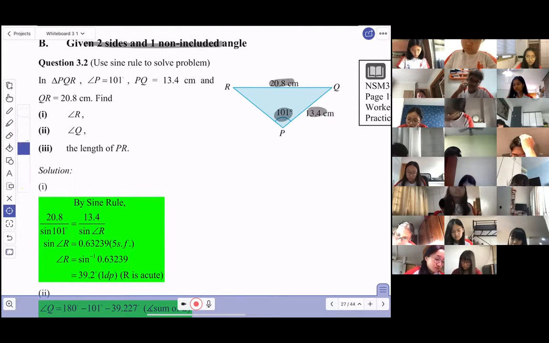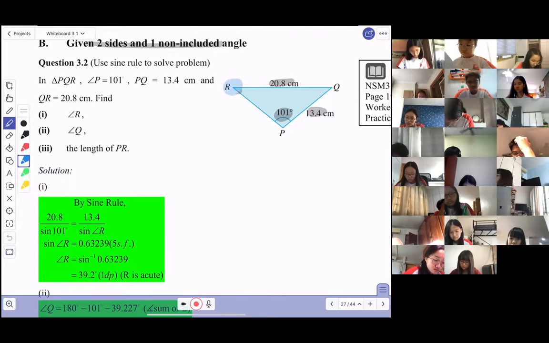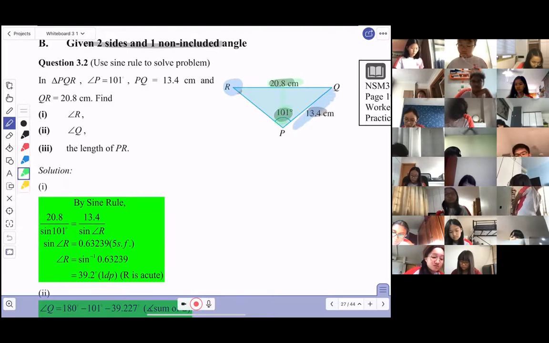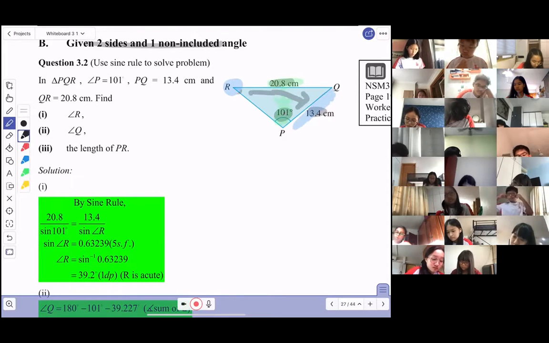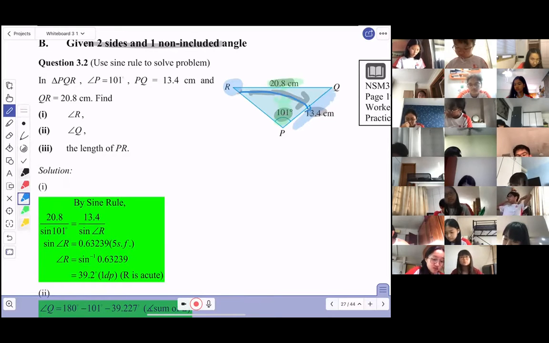First of all, I want to find angle R. Think about it. The opposite side of angle R actually is this one. You can see blue color and blue color, green color is paired with green color. So I do actually have a pairing. It's really angle R with its opposite side.